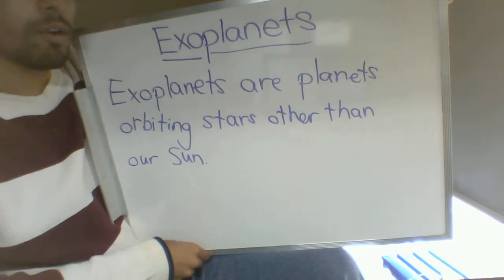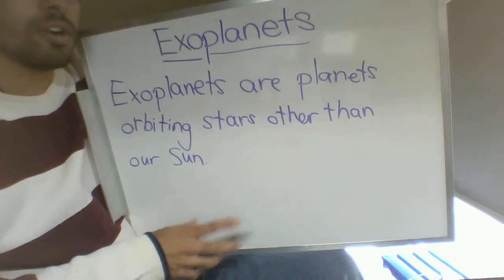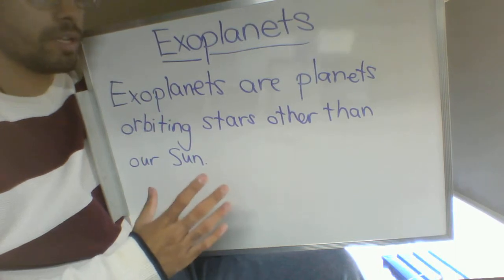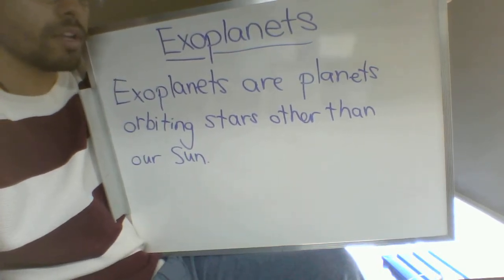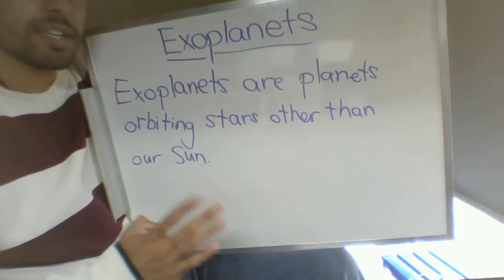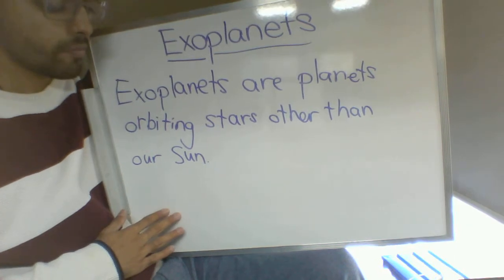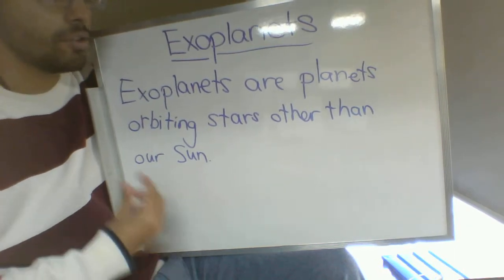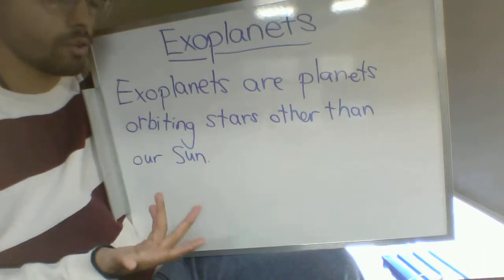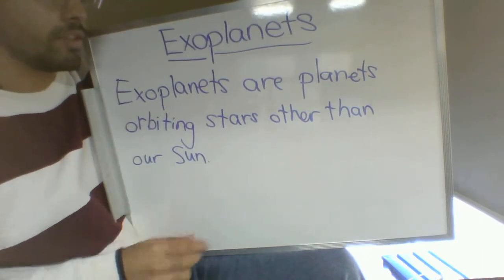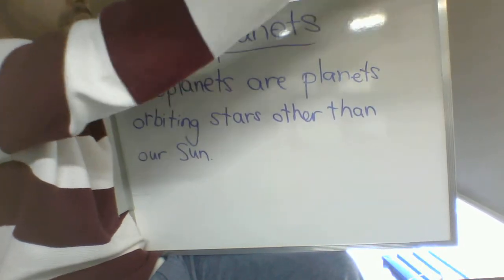But the third thing was they came up with this decision so quickly that their third statement for what must be true in order for something to be considered a planet is that it must orbit the sun. So they didn't say that it must orbit a star, they said that it must orbit the sun. So exoplanets, I guess you could say that they're not regular major planets like in our solar system because they don't orbit the sun.